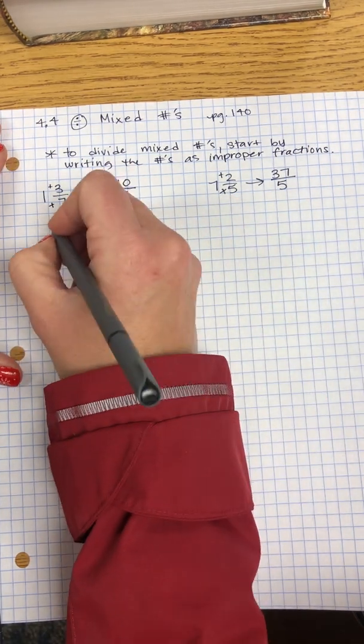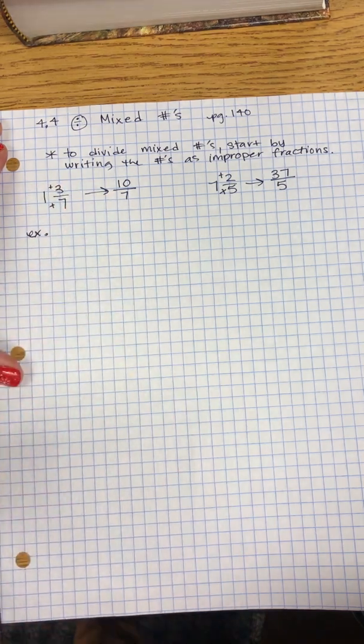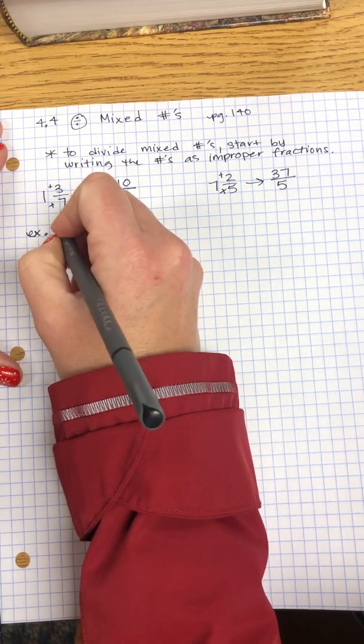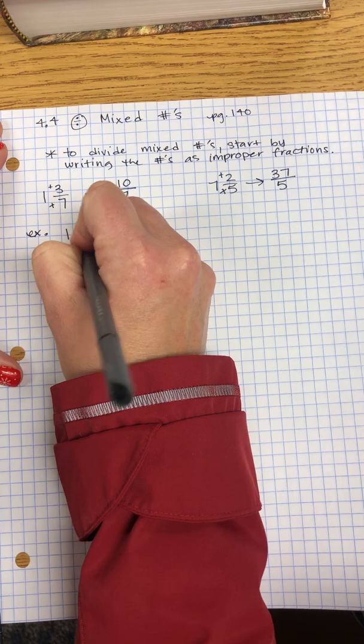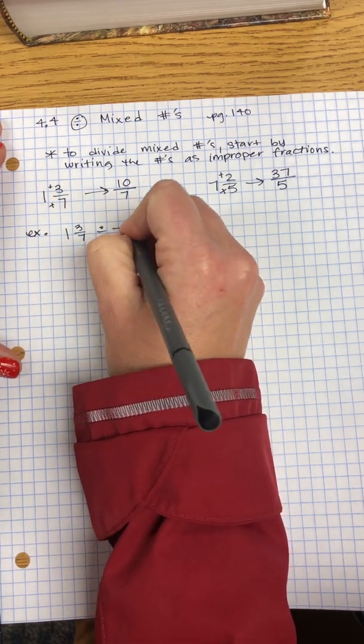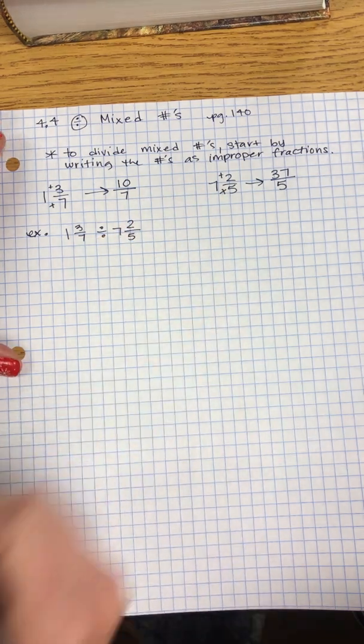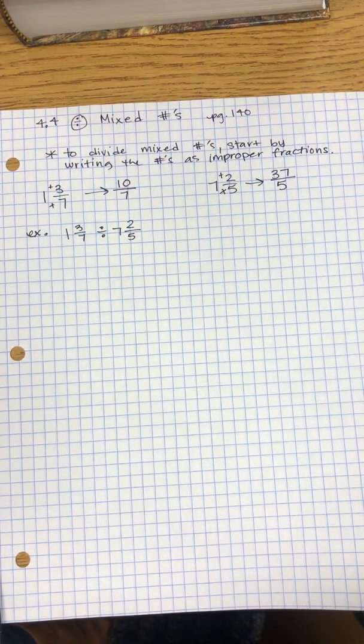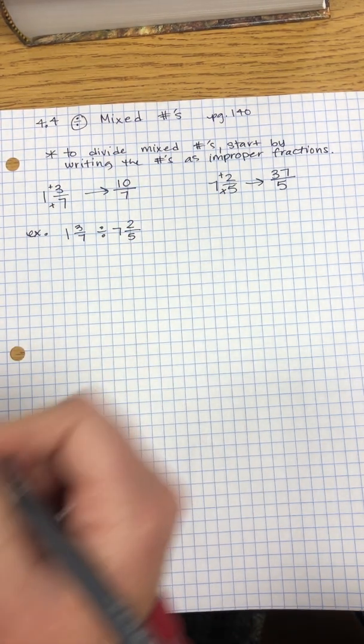So, if we had an example where 1 3/7 is supposed to be divided by 7 2/5, step 1 is to make them improper, which we just did.